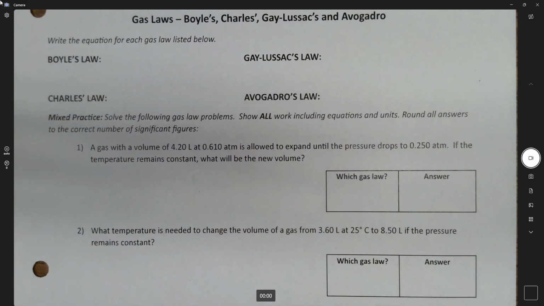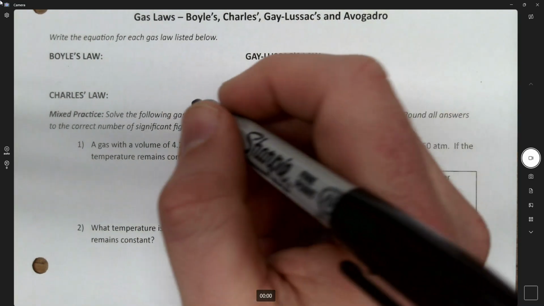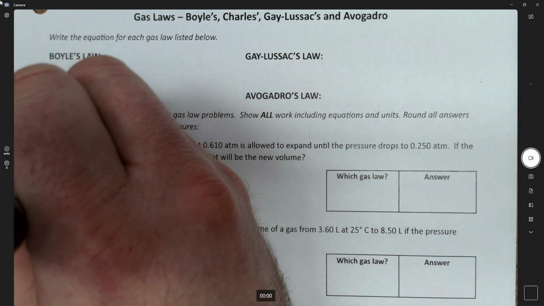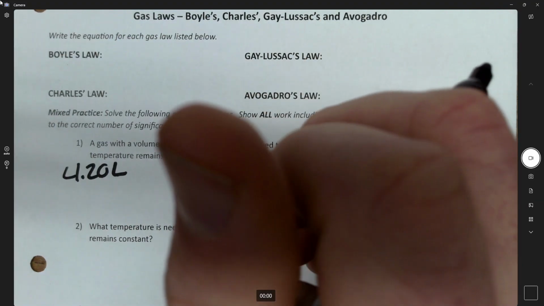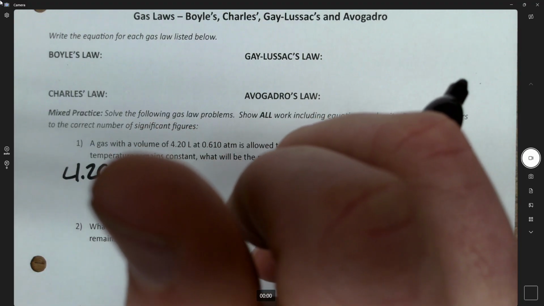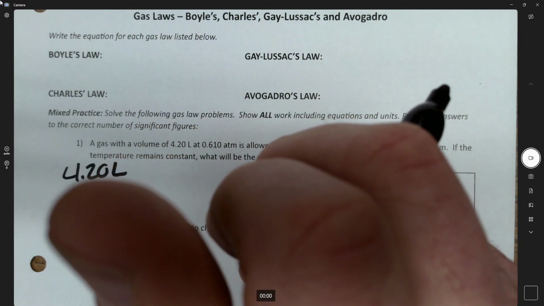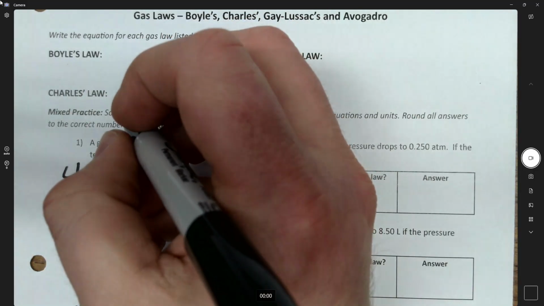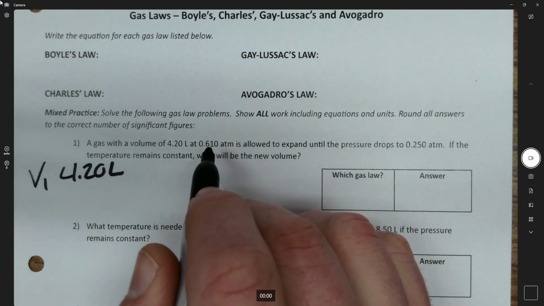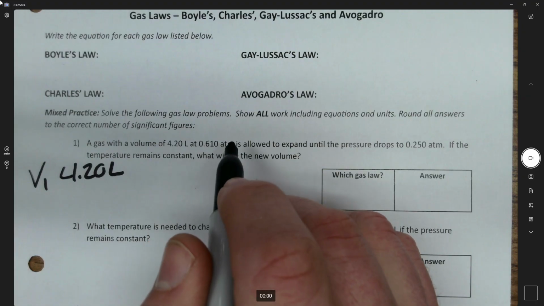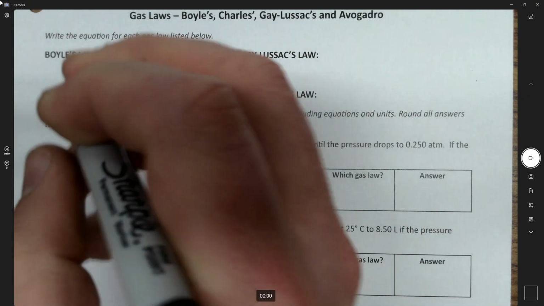So, variable 1, 4.20 liters. Is that pressure? Is that volume? Is that moles? It's volume. That's my V1, right? 0.610 atmosphere. Pressure.